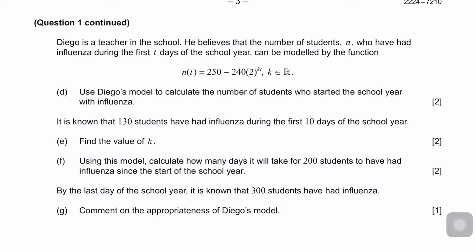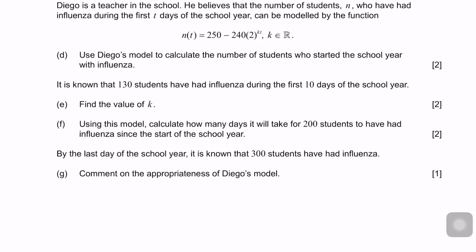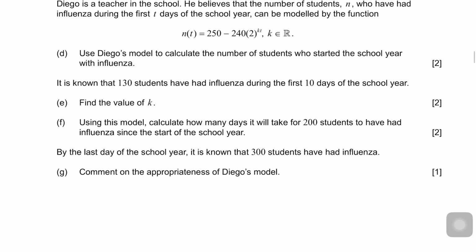Use Diego's model to calculate the number of students who started the school year with influenza. So this is a super common question dealing with exponential equations or exponential functions. They ask us to find some initial value. And whenever we think of initial value, we should think, well, what is that when t is equal to 0?